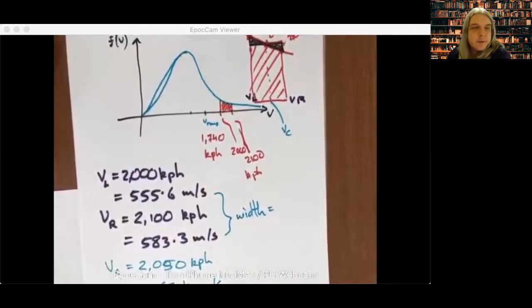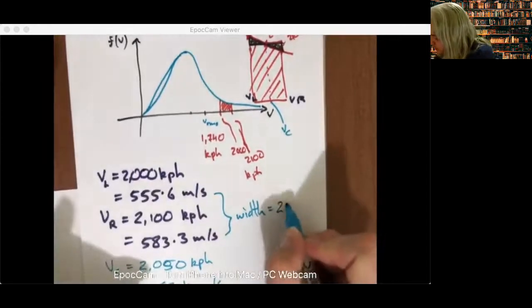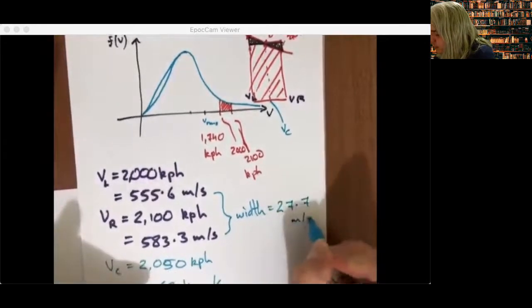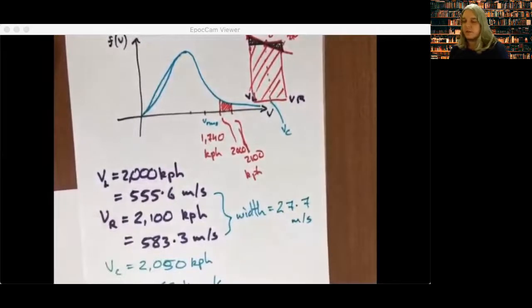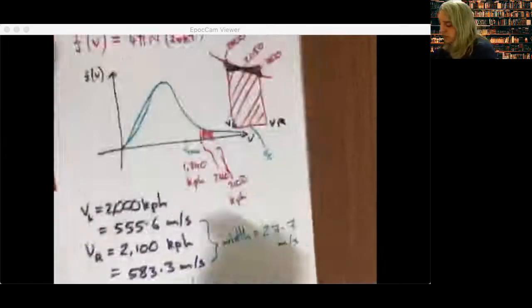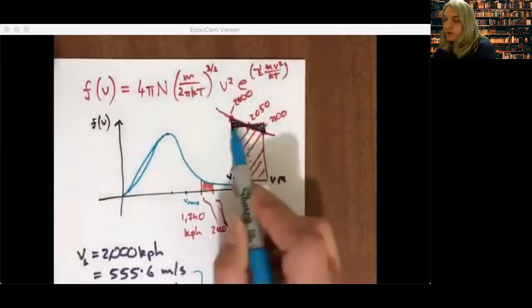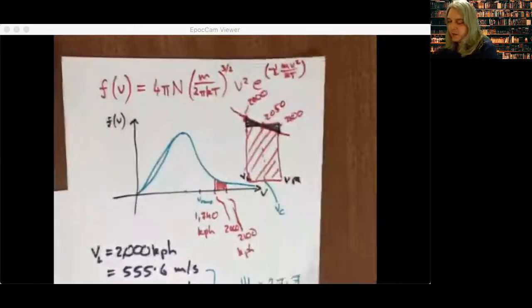I don't know if I've actually written that down for myself anywhere. I will get my calculator and we will calculate it. The difference between those two is 583.3 minus 555.6, which is 27.7 meters per second. So that's the width of our block that we're trying to find the area for. Now we just have to find the height.